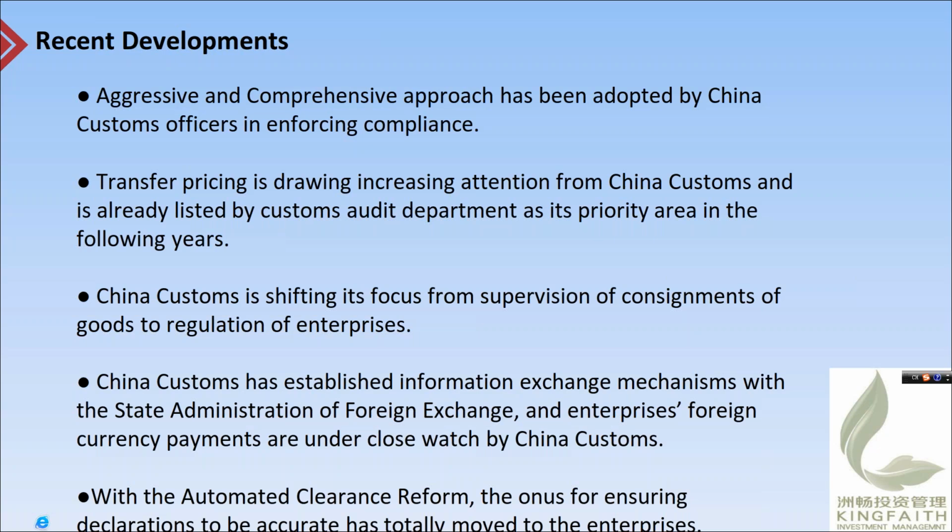in the following years. Third one is China Customs is shifting its focus from supervision of consignments of goods to regulation of the enterprises. China Customs has actually carried out a lot of unprecedented reforms in recent years, along with large-scale legislative amendments.